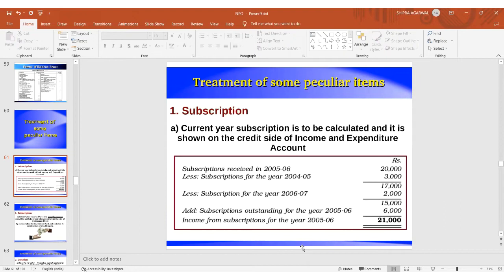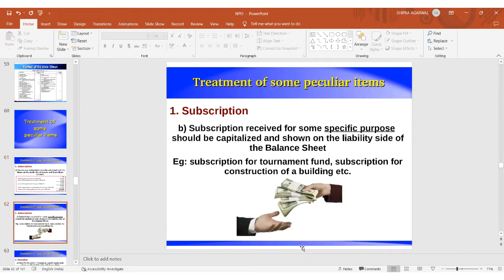Accrual basis means the thing which has become due. Fine. So in this case, you will not consider the subscription that you have received for the previous year. That is to be excluded from this particular amount, because only the current year subscription is to be shown as per the accrual concept in the income and expenditure account, right?